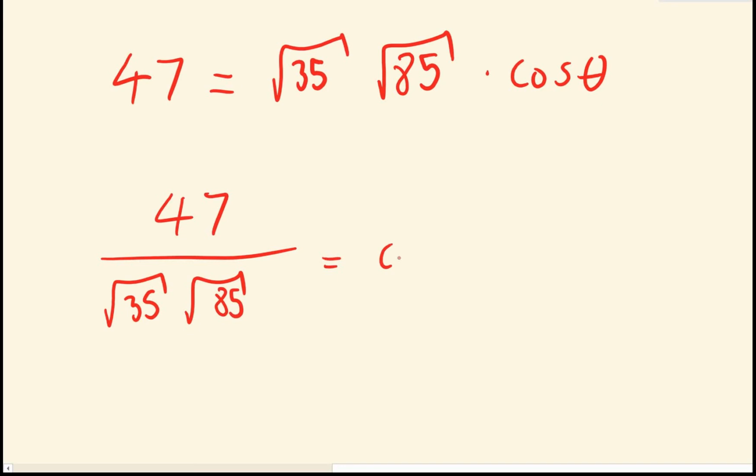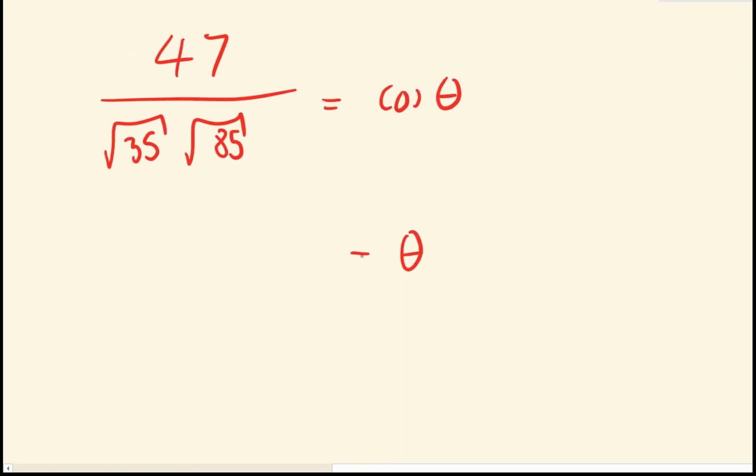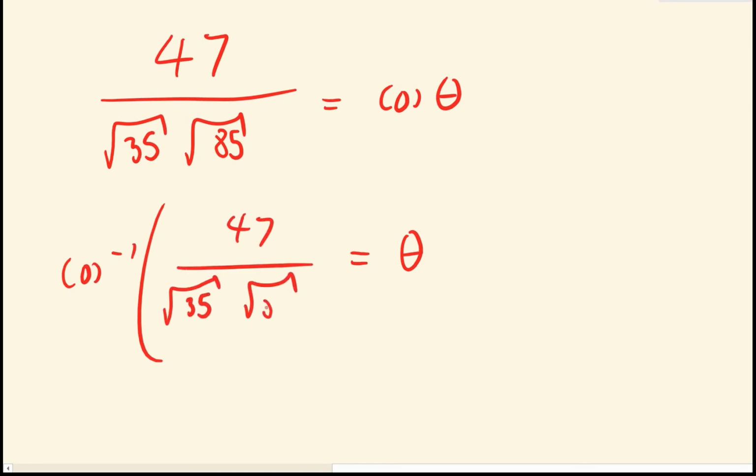That is now going to equal cos theta. And now if I want to work out theta, I just do cos to the minus 1 or arc cos of this fraction here. Type it all into a calculator and that'll give you an angle. Typically for these I want them in degrees, but do read the question to work out whether they want it in degrees or radians.